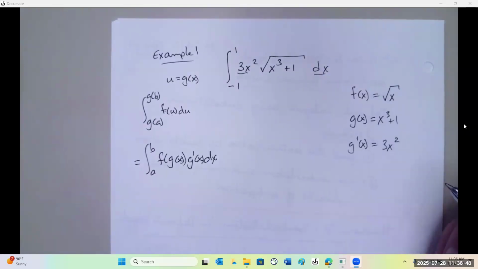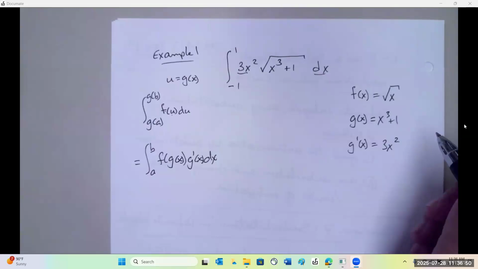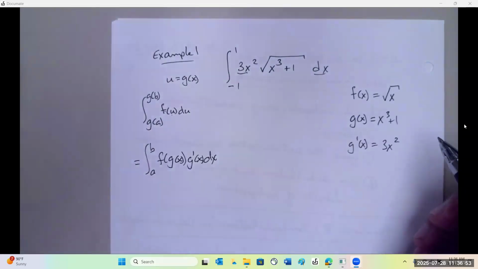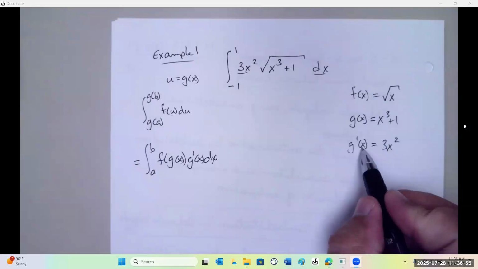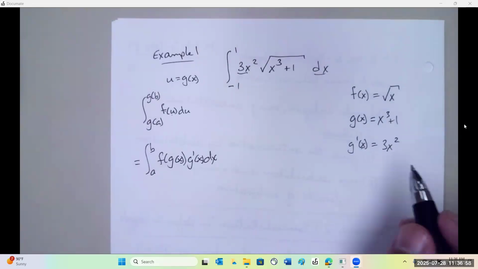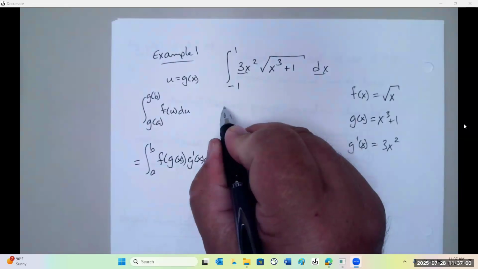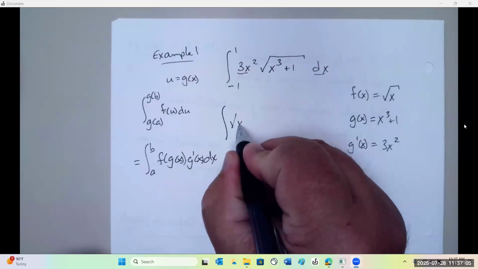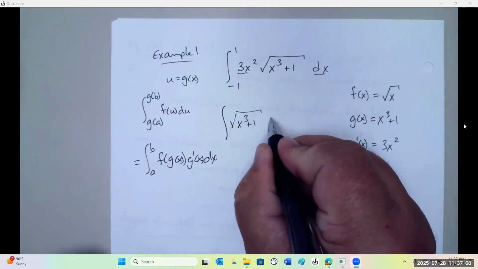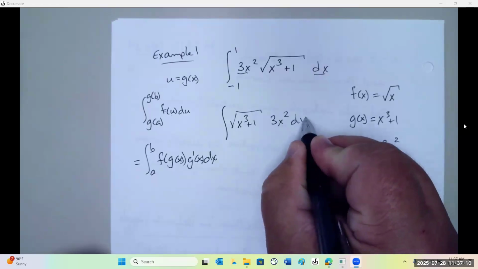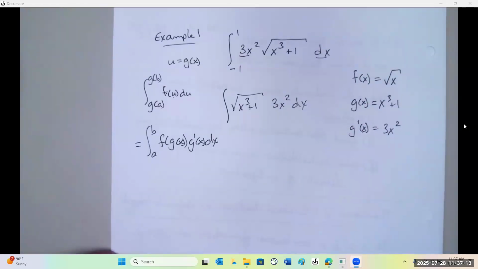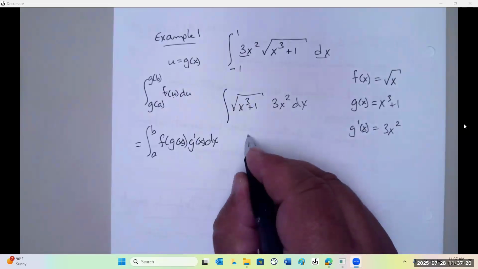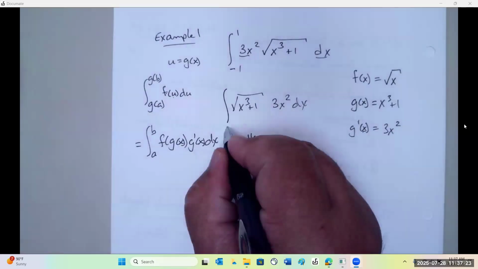Not for that one. That's only when we use the substitution method. But yeah, I see why you thought that, but no, because it's already g of x. So if we rewrite this, we get the square root of x cubed plus 1, 3x squared dx, from -1 to 1.